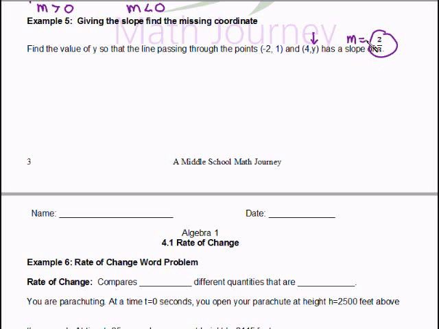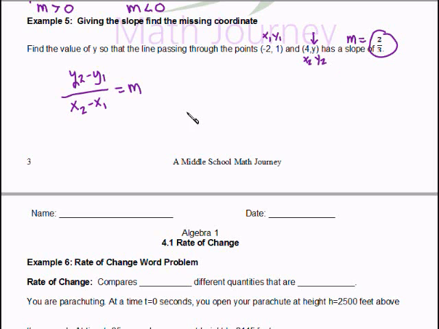So our equation is you take the difference of your y coordinates and divide by the difference of your x coordinates, it's going to give you the slope. So now we just go ahead and fill in the blanks. This is your x1, y1, second point x2, y2.